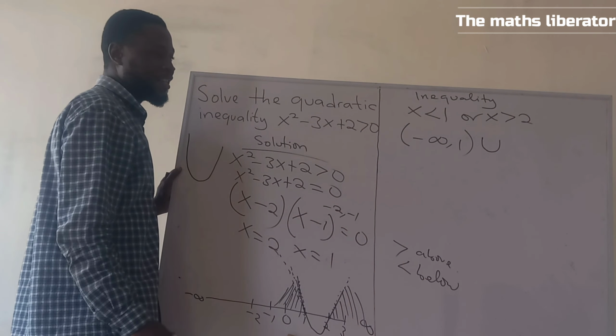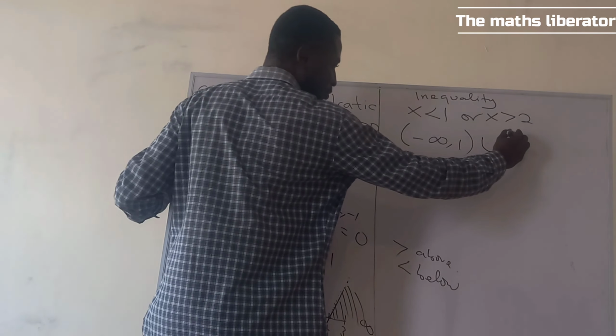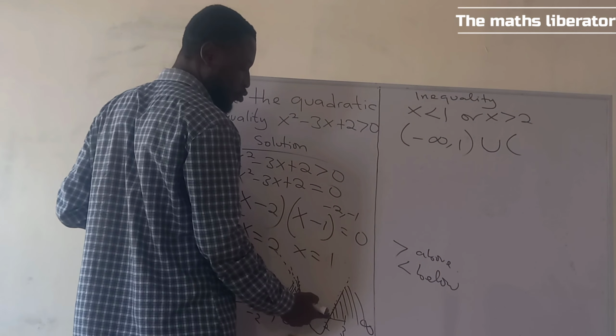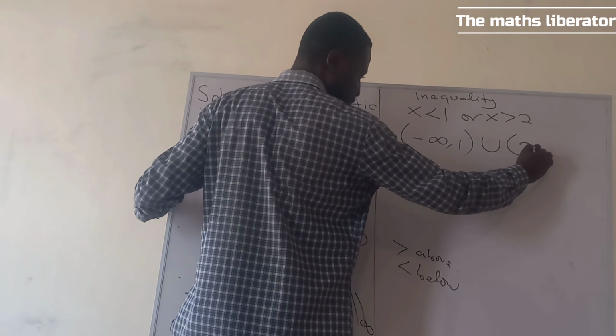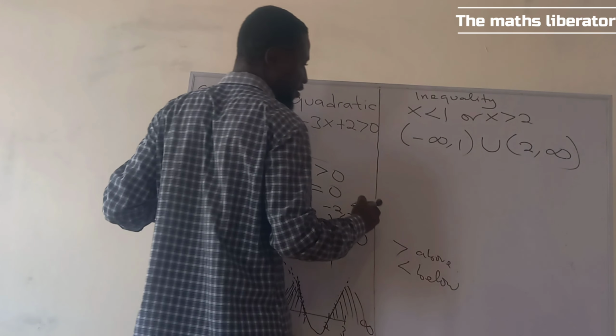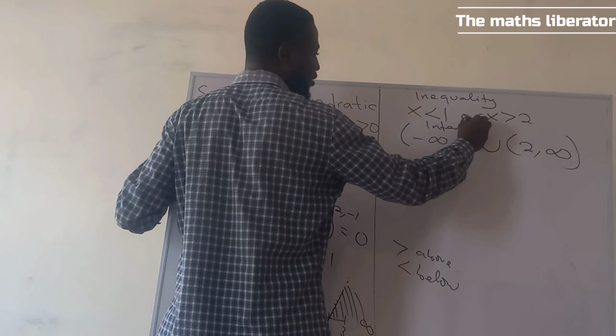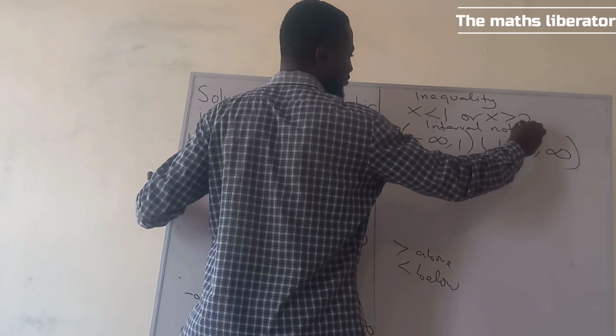The union sign means you put this together with this one, which starts from 2 to positive infinity. So this is known as the interval notation.